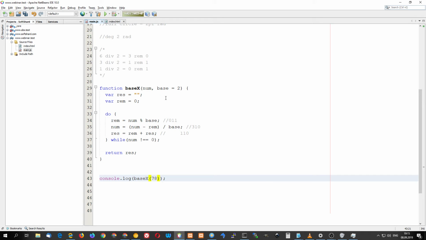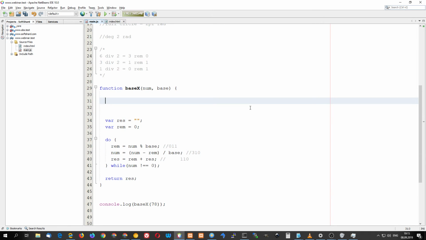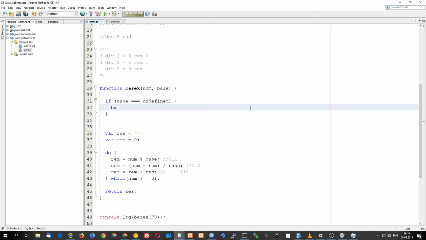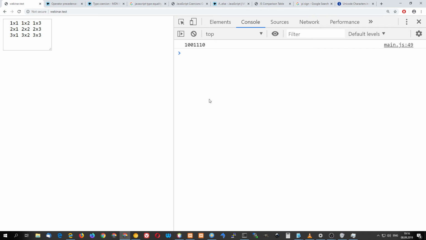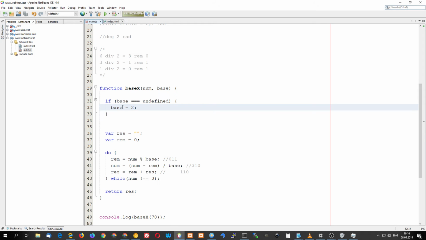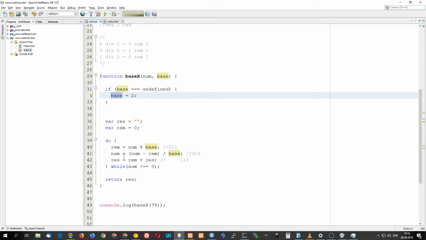We've seen that. The other way to do it is, well, we could ask if base is undefined, let's set up the base as 2.